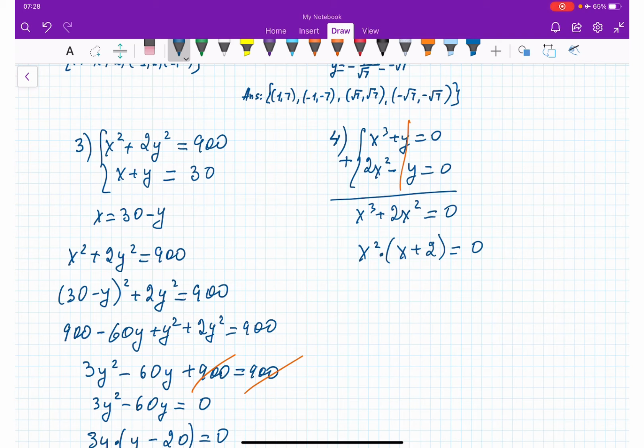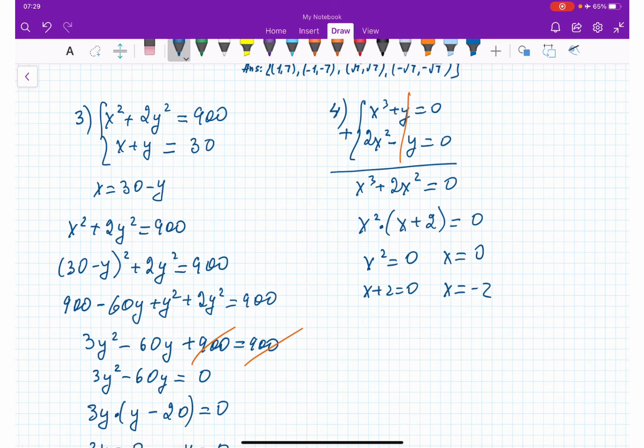Since it's a product that equals 0, that means either x squared equals 0, where x is equal to 0, or x plus 2 equals 0, where x is equal to negative 2. Okay, so once we have the values of x, now we can find the value of y.